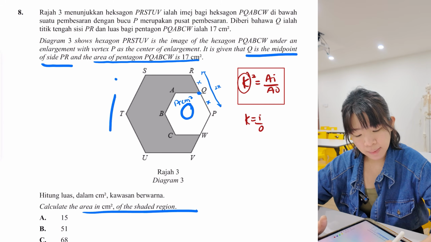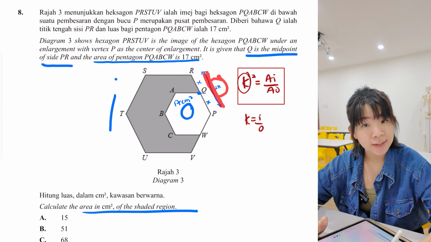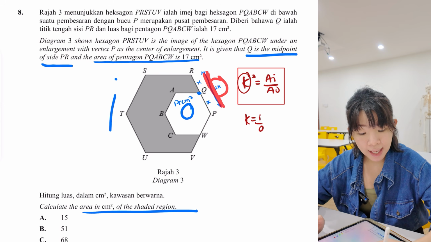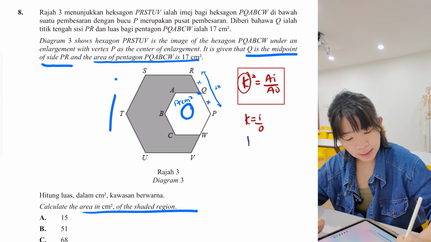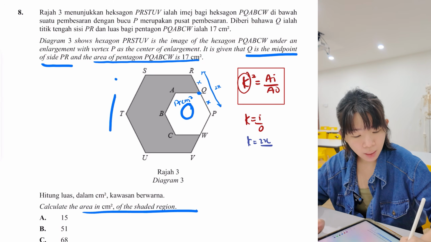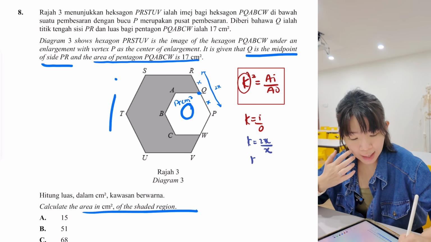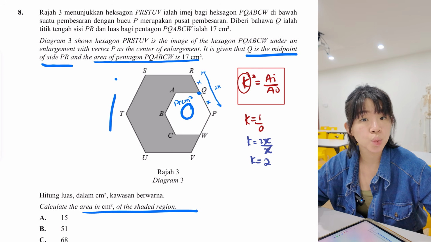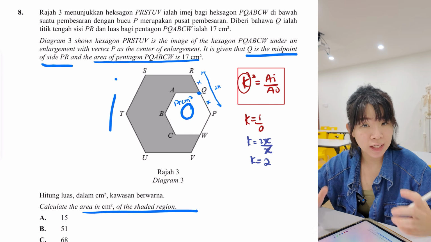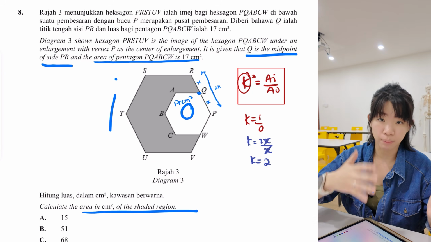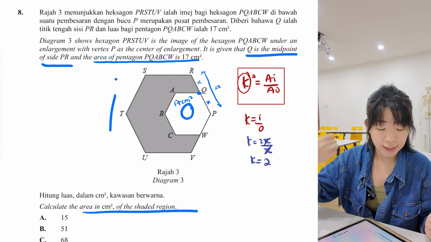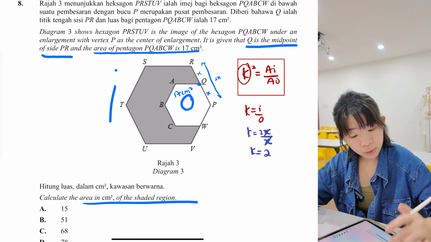So here, the image is the big one. This whole thing is 2x. The object is x. So K equals image 2x over object x. At the end, K is 2. Scale factor 2. So the image is actually 2 times the object. Once we get K, we can apply it into this formula.